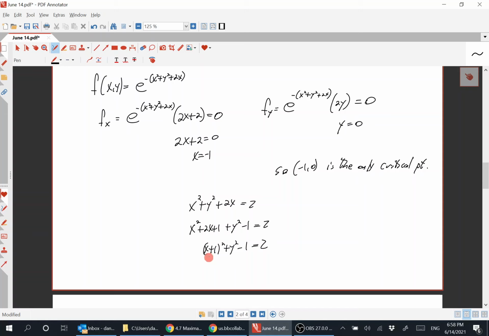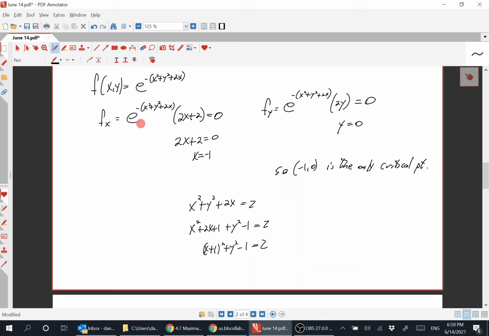Which has its minimum point for this one at -1, 0. So that's the paraboloid at -1, 0. At that point, it's a minimum, and after that, the paraboloid just goes up, right? I mean, a paraboloid bottoms out at one point, and then it goes up after that.